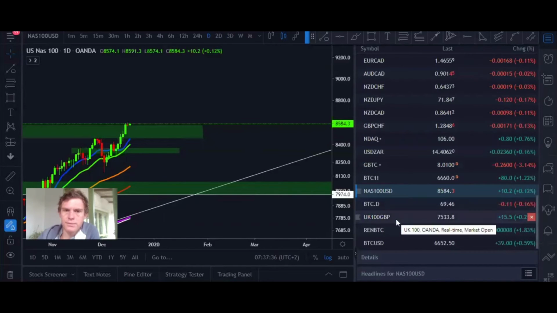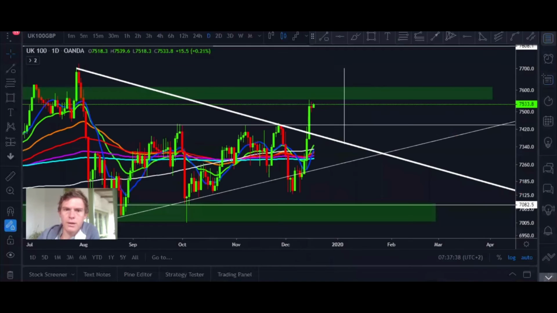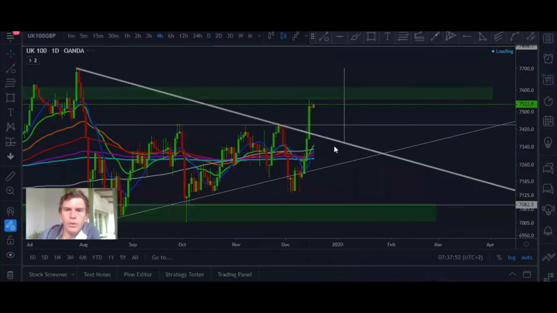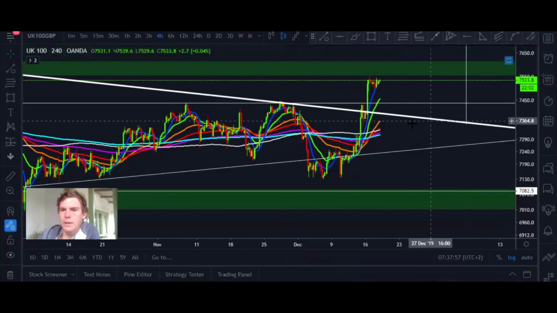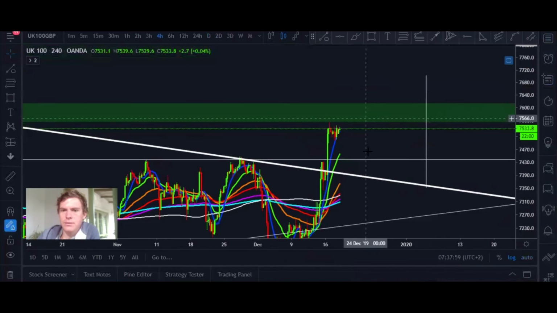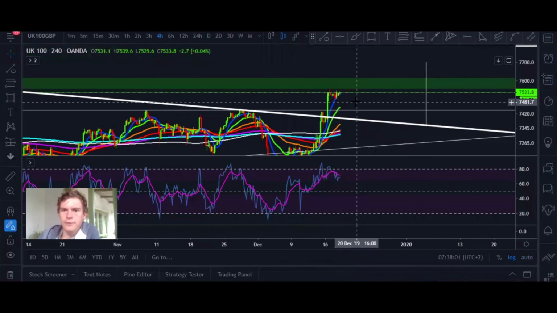UK 100 still looking very good, still breaking up. This one is on a breakout as well. I would be expecting a move all the way back up to 7693. So let's just go down to a 4-hour chart here. What I'll be looking for is some kind of retracement and retest of a lower level.